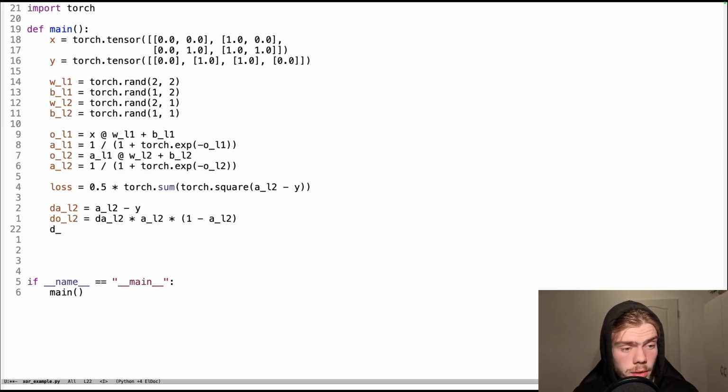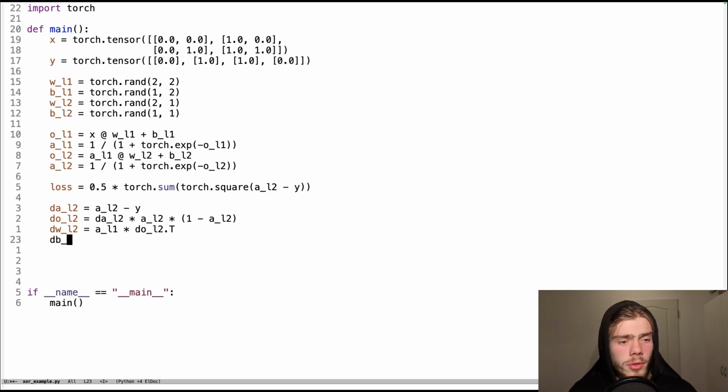Then the derivative of the loss with respect to the weights of layer 2 is equal to the activation of layer 1 times the derivative of the loss with respect to the outputs of layer 2, and then transposed with the .T, we can transpose a torch tensor.